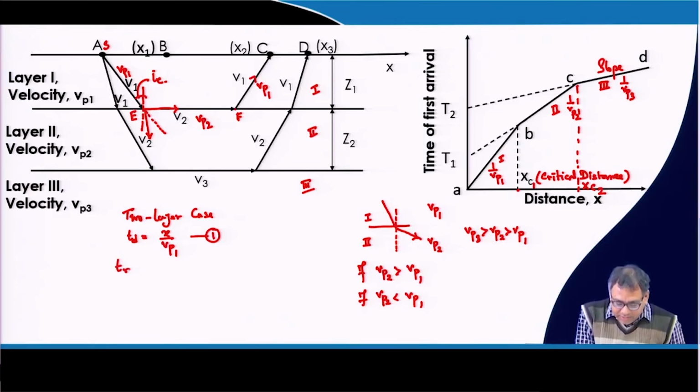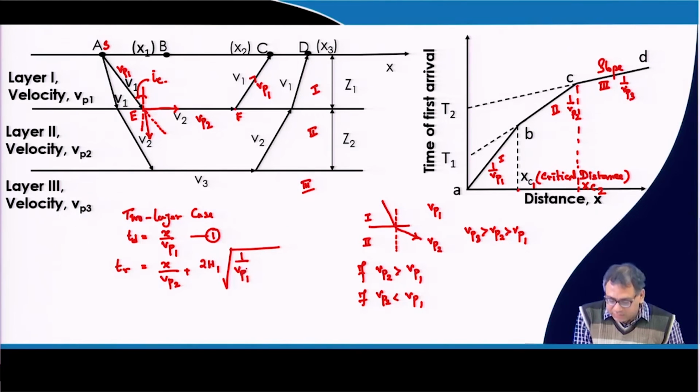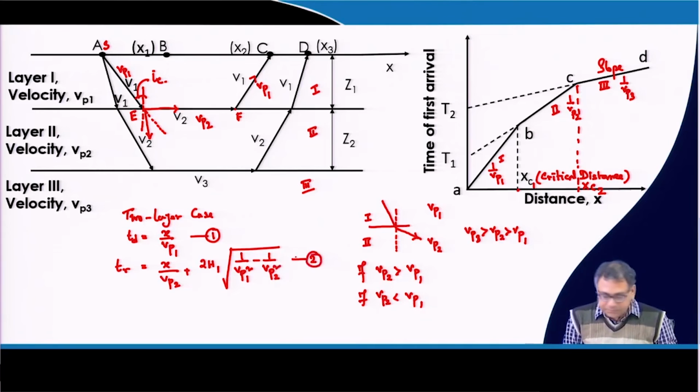Then Tr, for the refracted rays, is x by Vp2 plus 2h1 root over 1 by Vp1 square minus 1 by Vp2 square. So, now you can see that this is the equation of the direct rays and the refracted rays.